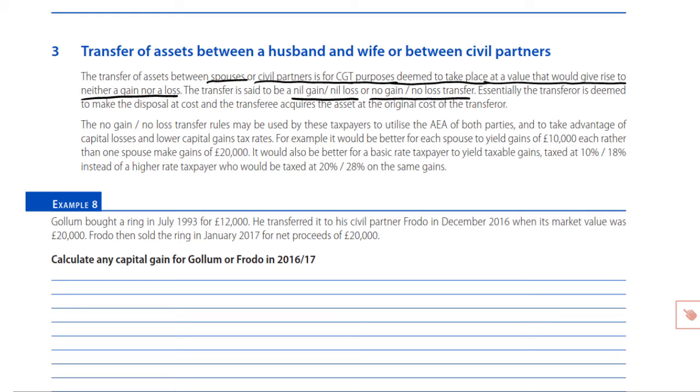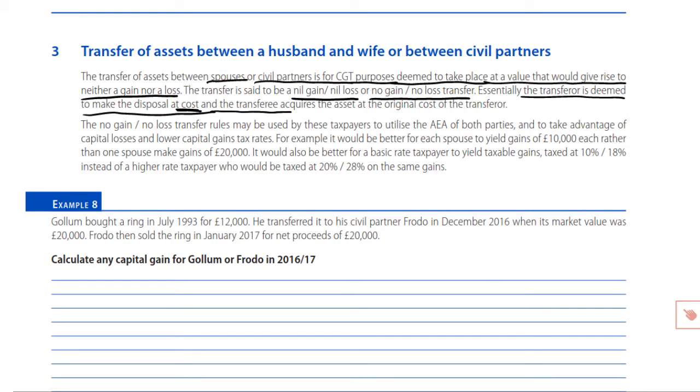So if husband transfers an asset to wife or vice versa, irrespective of any sales proceeds that may or may not exist, it is said to be done at a disposal consideration that gives rise to neither a gain nor a loss. Now that means very simply that the transferor is deemed to make the disposal at cost, the cost to the transferor.